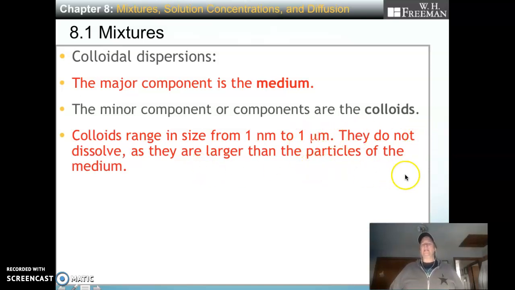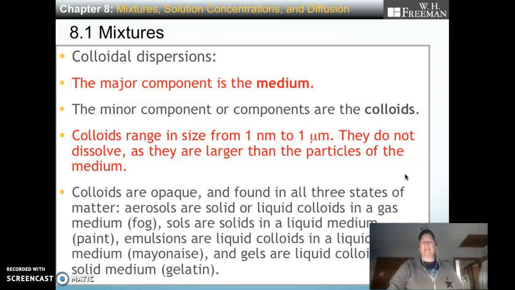So colloids are right in the middle, okay? They dissolve, but they kind of stay in suspension. And even though you can't always see them, they're there because they reflect light, okay? Colloids can be opaque, which means you can't see them at all, or you look through them and they look a little fuzzy, okay? They're found in all 3 states. An aerosol has particles like solid or liquid colloids. Fog, like I said, is a good example of a colloid.